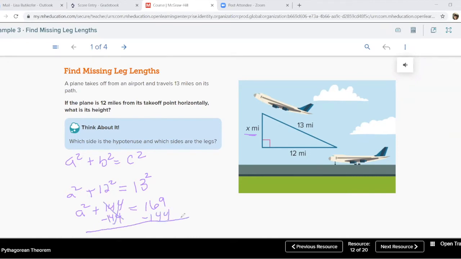So that cancels. That would be a 5 and a 2. So a squared equals 25. To get rid of that squared, you have to square root it. So a equals 5. So this leg right here is 5 miles.